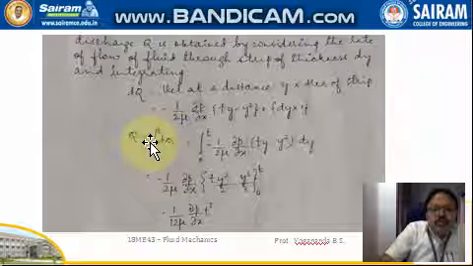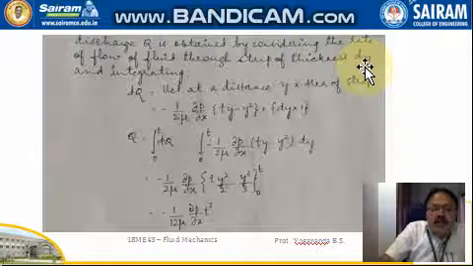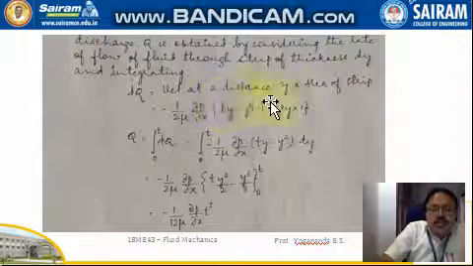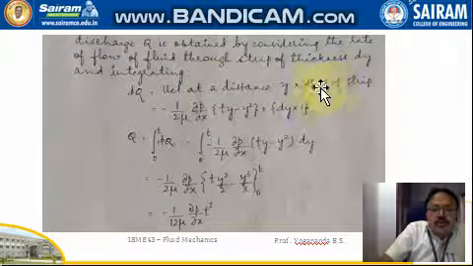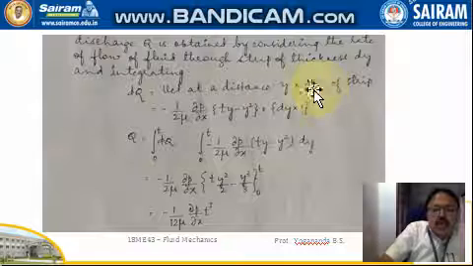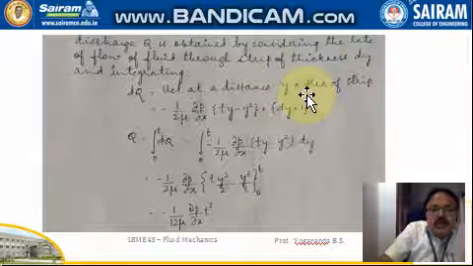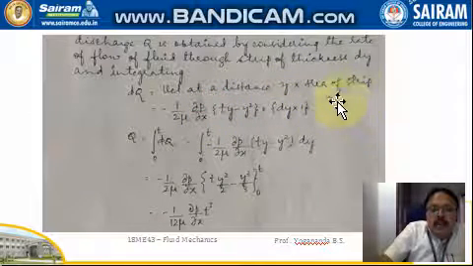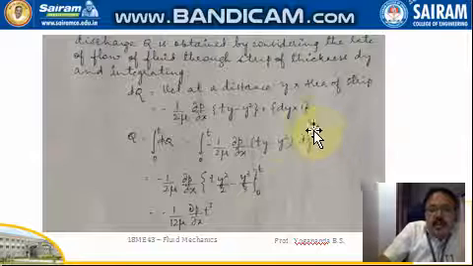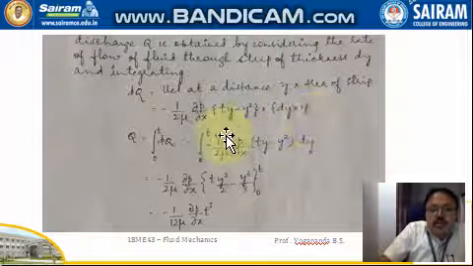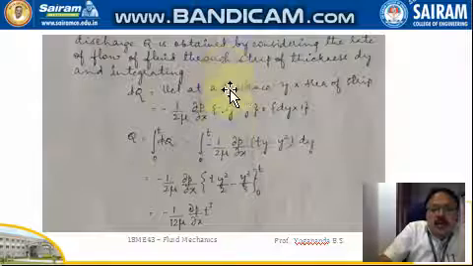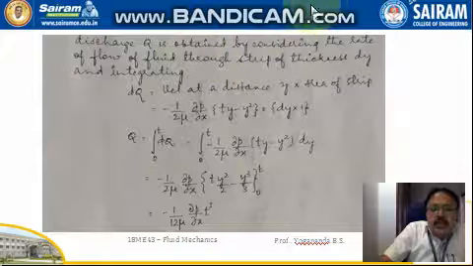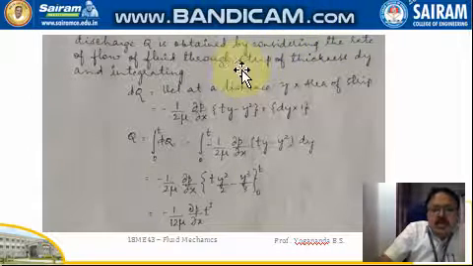Here also we take one strip of thickness dy and take the discharge as area into velocity. So dQ is the area of the strip into the velocity at a distance y. The area of the strip is dy into 1: the thickness of the strip in the vertical direction is dy, and in the third dimension we take 1 unit length.